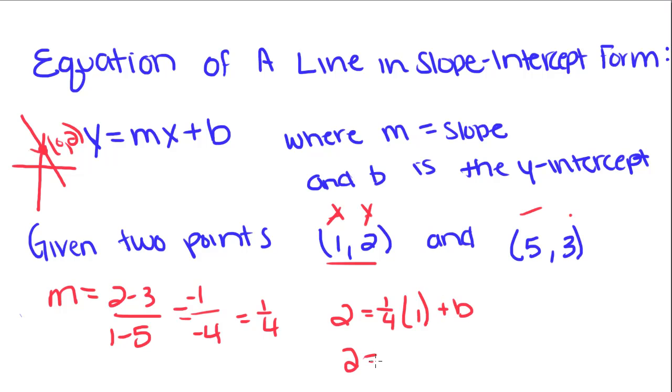So 2 is equal to 1/4 plus b. If you subtract the 1/4 over, you get b is equal to 7/4. So if we're going to write the equation, we're going to write y is equal to 1/4 x plus 7/4.